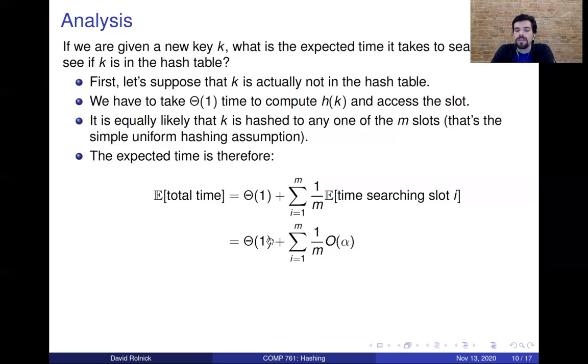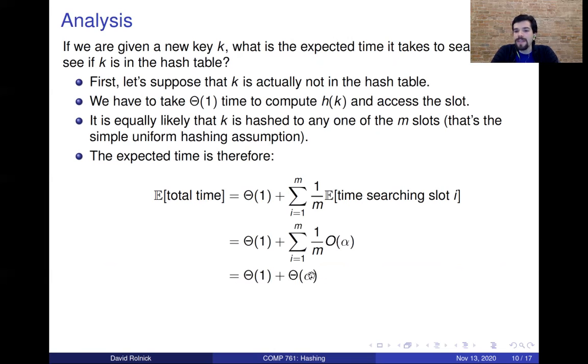So what does this whole thing become? Theta of 1 plus the sum from i equals 1 to m of 1 over m times theta of alpha. What is this? Well, it depends. So we have theta of 1 plus theta of alpha.